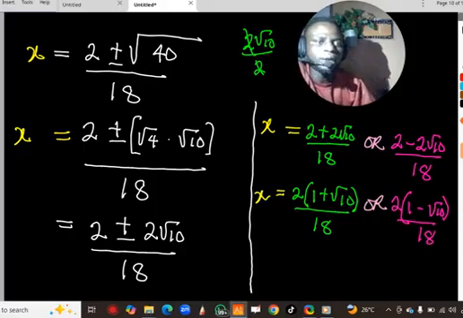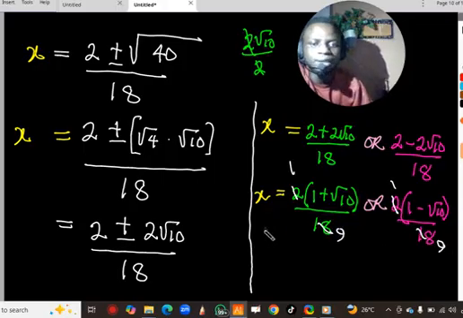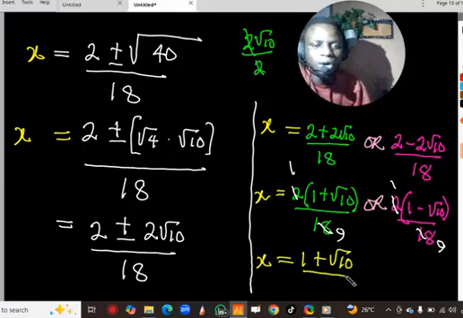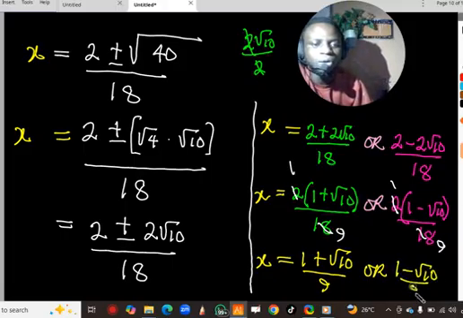Alright, now we can go ahead to cancel. 2 here is 1, 2 here is 9. So our x remains equal to 1 plus root 10 all over 9, or 1 minus root 10 all over 9.